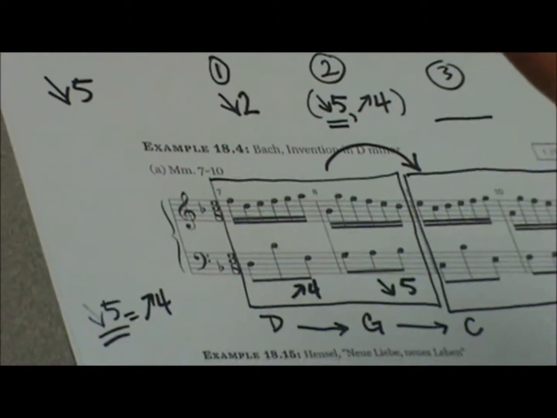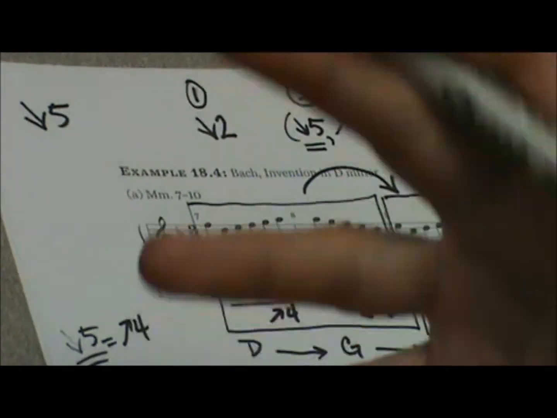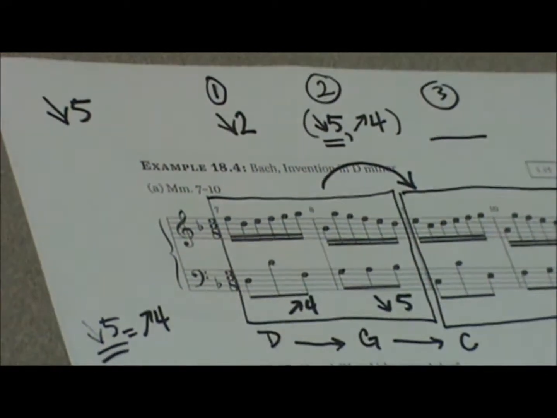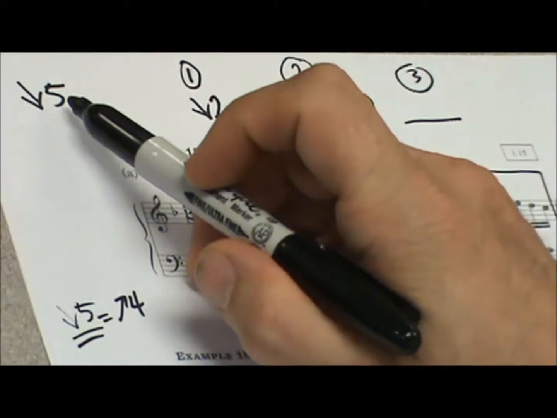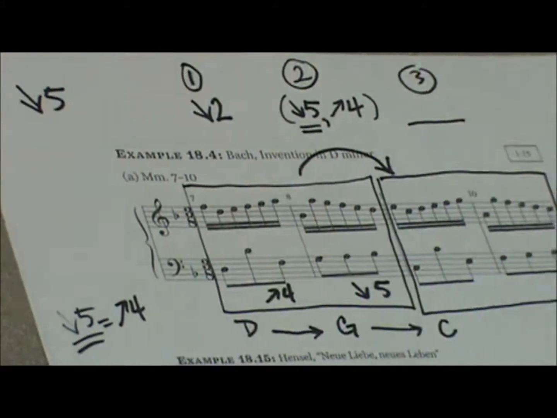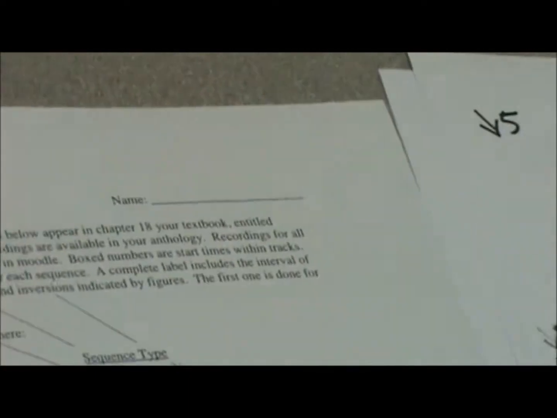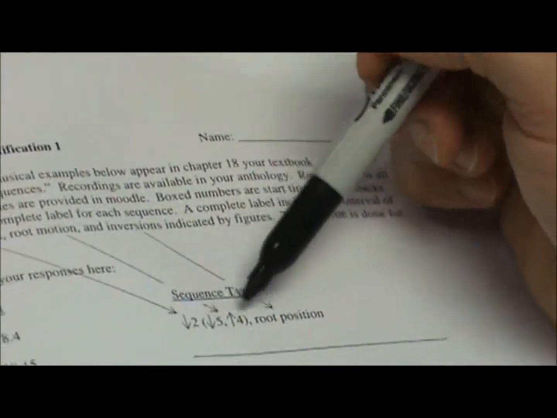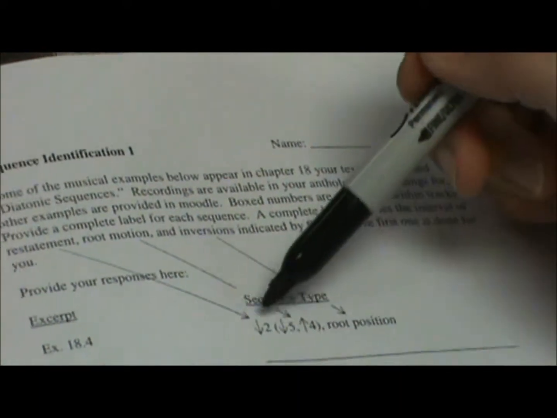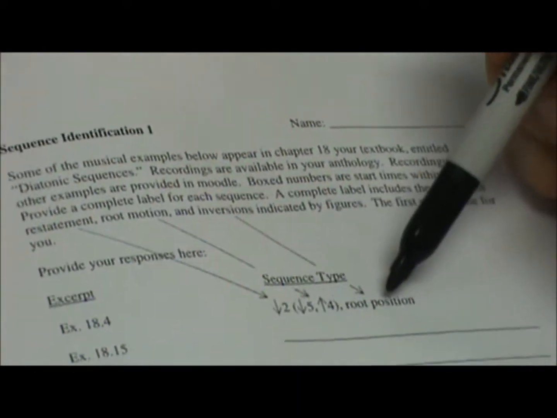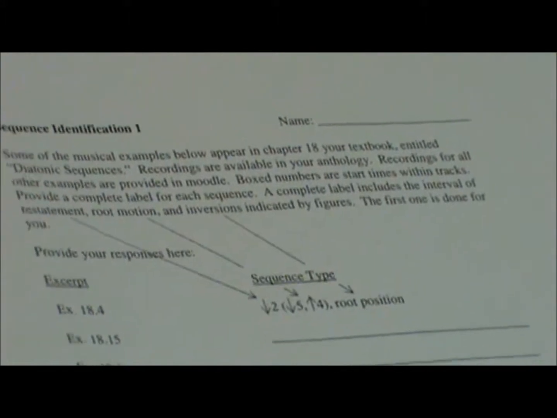And by not saying, see, the other option is descending fifth 6 3. By not saying the 6 3, I'm making it clear that this is descending fifths in root position. Okay, so the complete label shows up on your answer sheet. There's the complete label. Down 2, down 5, up 4, root position.